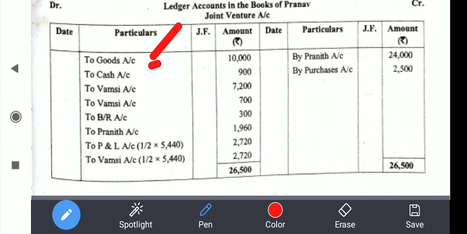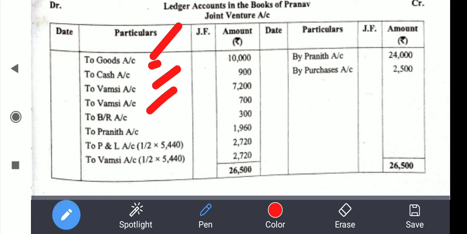And the third thing is what? Expenses are over. Then the other co-venture supplies the goods. That is Vamshi account, 7,200. At the same time, not only did he supply the goods, he also paid expenses. The expenses amount is 700.